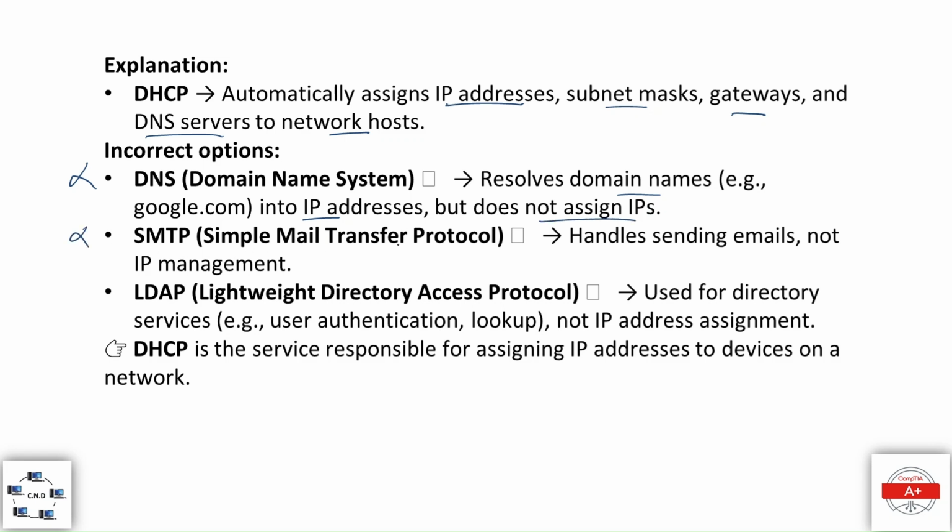SMTP, that is simple mail transfer protocol, handles sending mails, not IP management. And LDAP, that is lightweight directory access protocol, is used for directory services, that is user authentication lookup, not IP address assignment. So DHCP is the service responsible for assigning IP addresses to devices on a network.